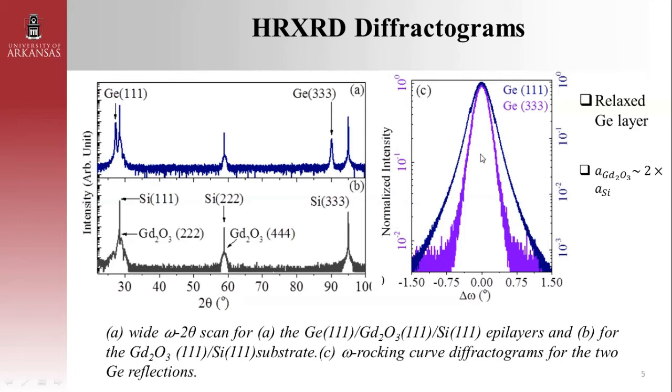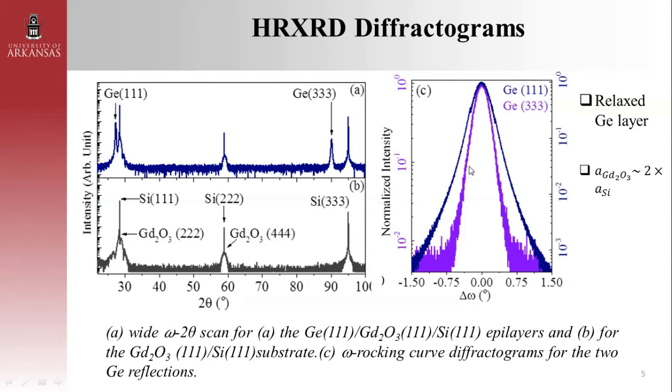This implies that the crystal quality is okay. I hope you know how an omega scan is done. Here your reciprocal lattice vector will be moving more or less parallel to your crystal planes, and this is the best way to quantitatively quantify the crystal quality.